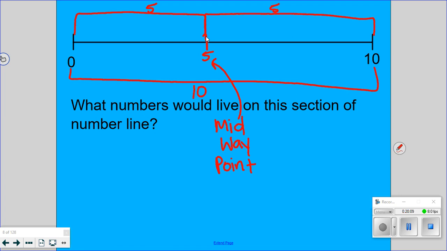Now if I say put the numbers between 0 and 10 on this number line, it should be a little easier. 0, 1, 2, 3, 4, 5, 6, 7, 8, 9.